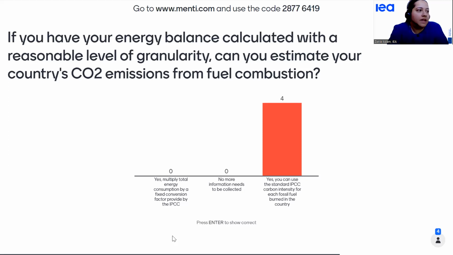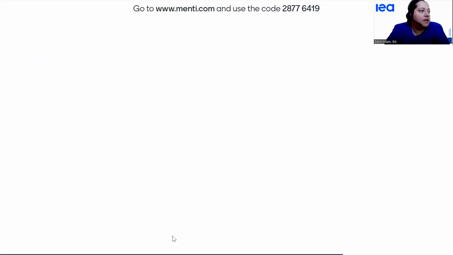So let's look at the right answer. And all of you got it right. If you have your energy balance with a reasonable level of granularity, then you can use the standard IPCC carbon intensity for each fossil fuel, so for coal, oil, and natural gas, and multiply it by the different flows of your energy balance.